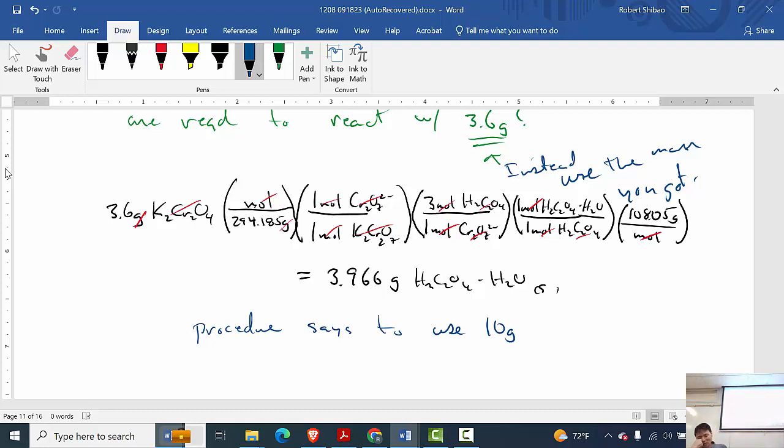If I did the calculation correctly, then it seems a bit overkill, doesn't it? I only really need 4 grams, but I'm going to put in 10 grams there. Doesn't it seem like kind of a waste? Yeah, that's a huge excess. And so it does seem like it's a waste.